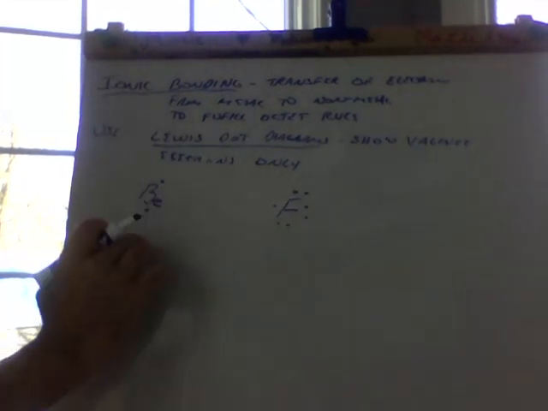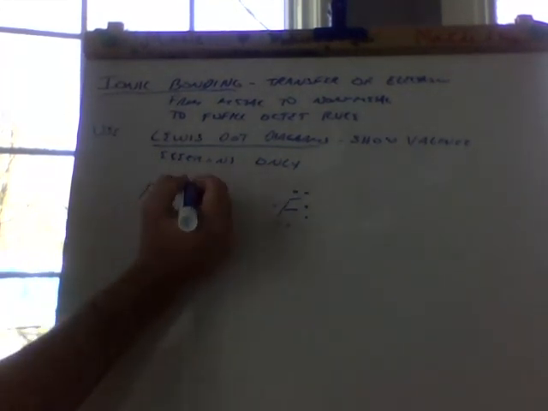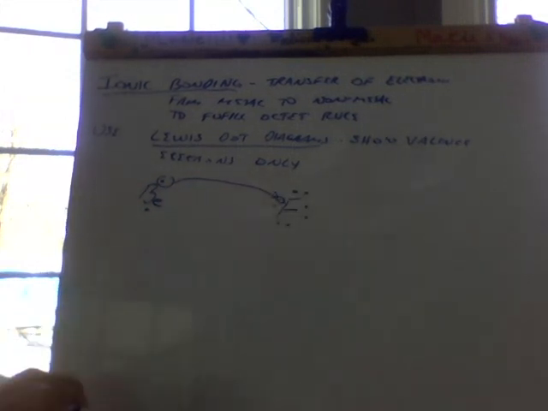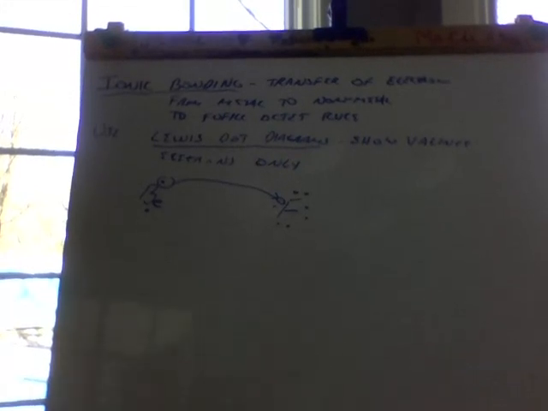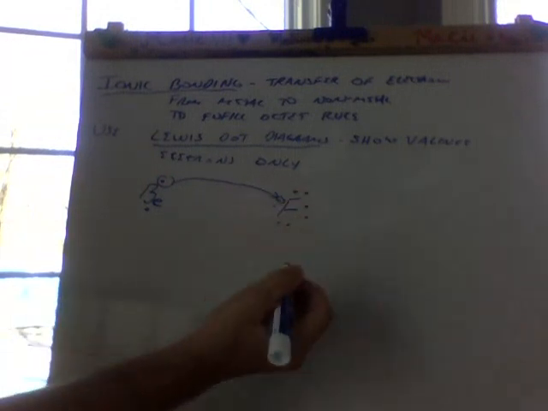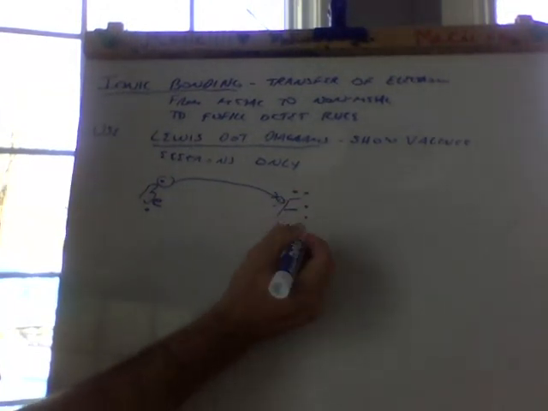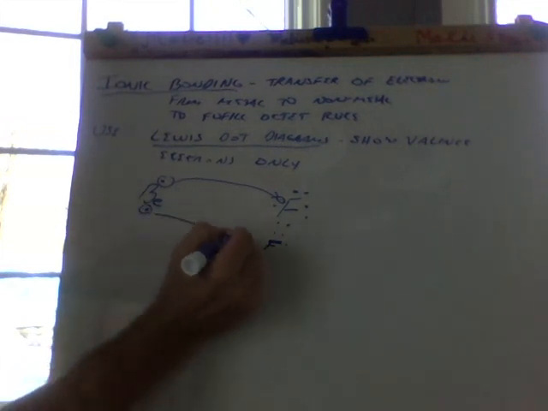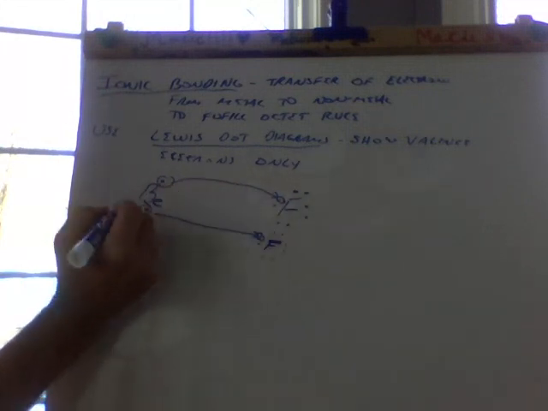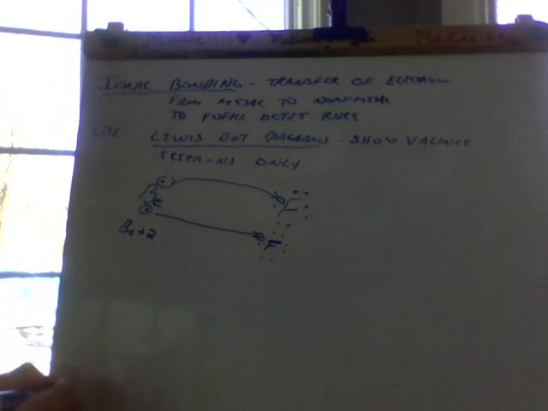Now, fluorine is going to react with beryllium. It's going to pull the beryllium towards itself. This fluorine is perfectly happy, but this beryllium's not happy yet, because it wants to give up its 2 to be stable. We have to fulfill that octet rule. So another fluorine is going to come around and pull that one toward itself, and it can do this as many times as necessary. Now this beryllium is Be+2 because it gave up 2.